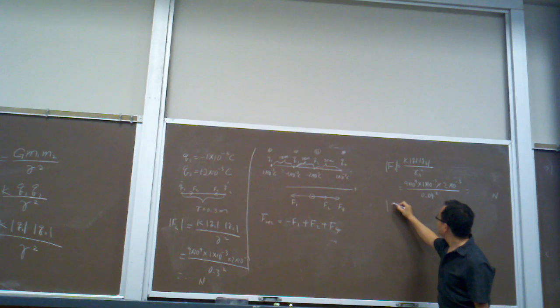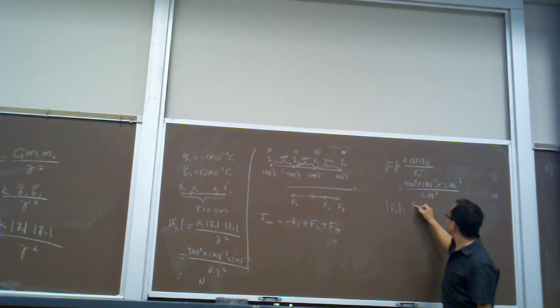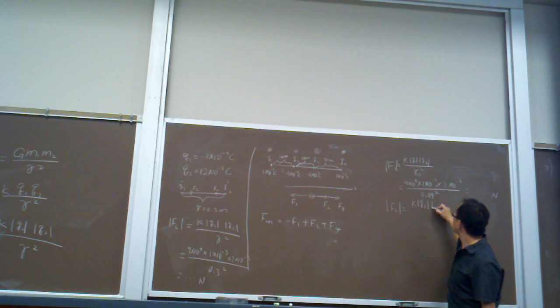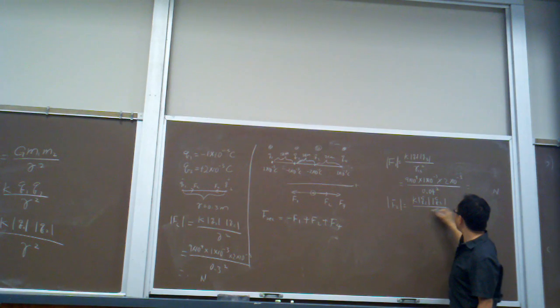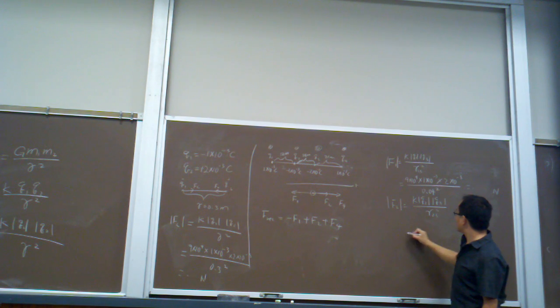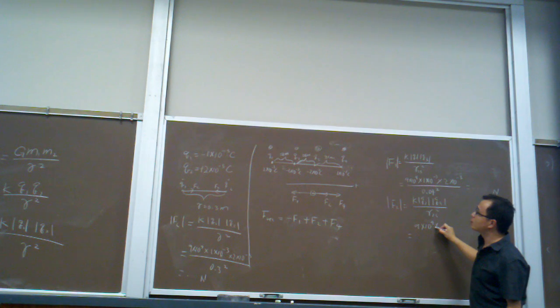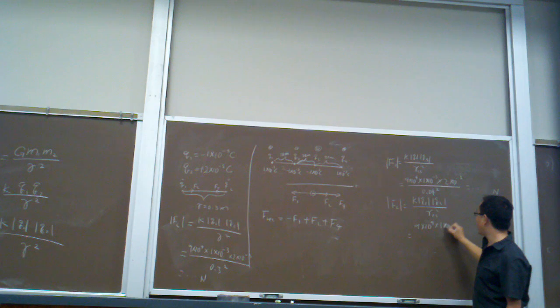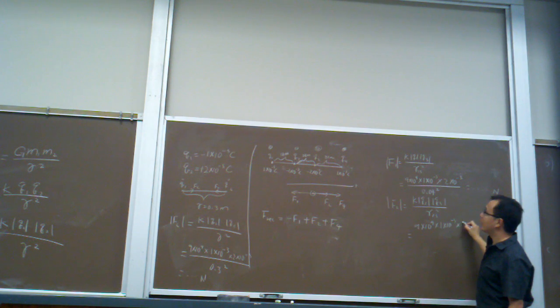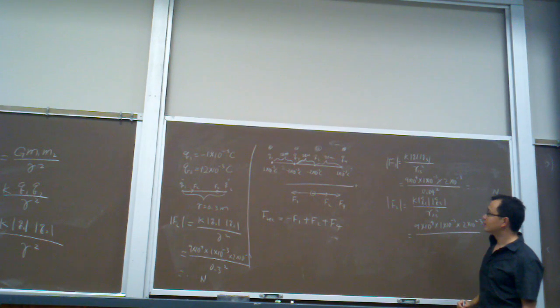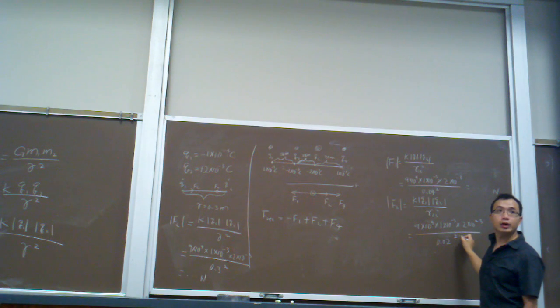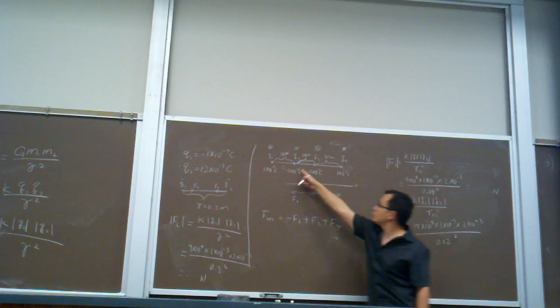And then F2 will be k Q2 Q3 divided by R23 squared. So you are going to get 9 times 10 to the power of 9 times, for Q2 negative 1, so you put positive 1, and positive 2, divided by R. What is R here? 0.02, 2 centimeters from here to here.